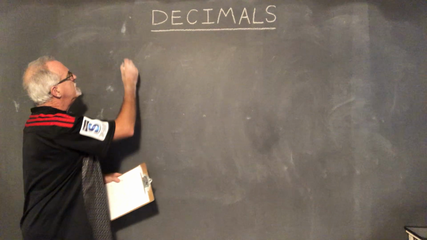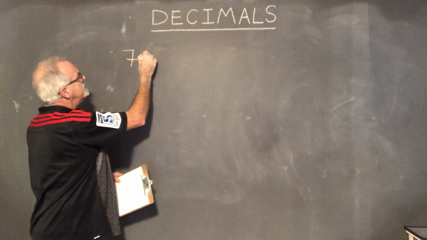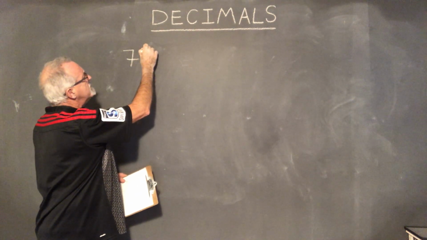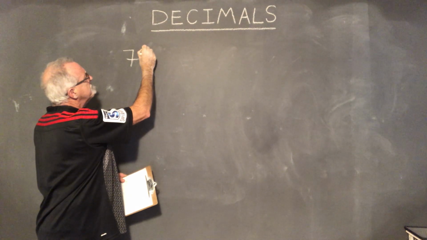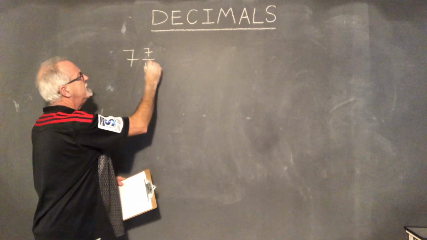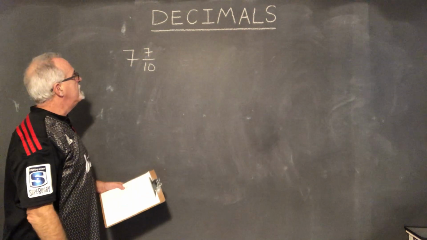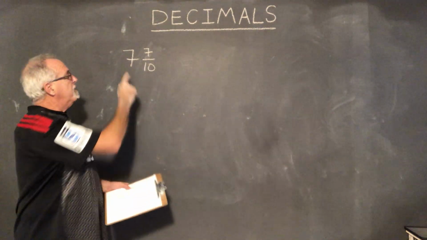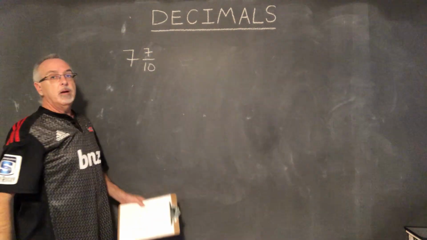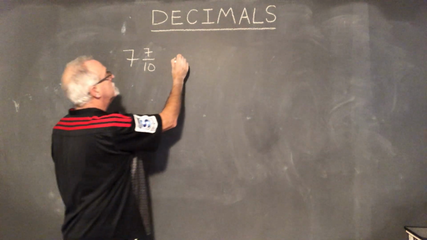How about 7 and, let me see, 7 and 7 tenths. He's fancy, he's got 2 7s in there. Okay, so it's a mixed number. I have the big number, I have the numerator, I have the denominator, and the denominator is a 10. That is useful.